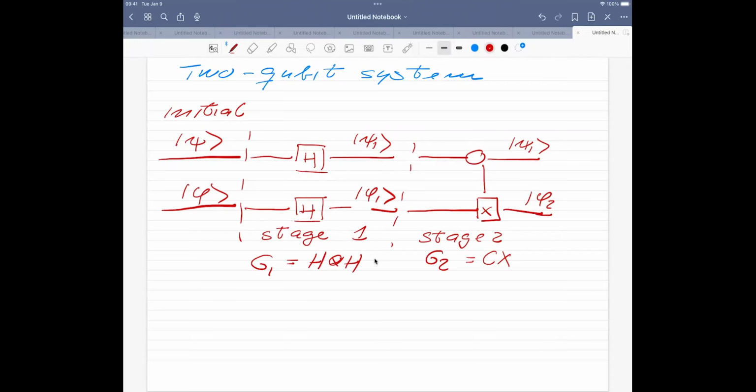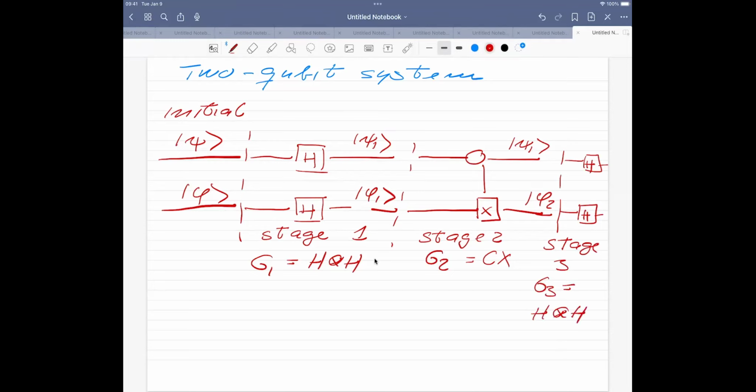And then I could think of performing yet another operation where I could have a new stage 3, where I do a new Hadamard and a new Hadamard here. And then I end up with a final state, so this G3, the stage 3 here, could again be a Hadamard times a Hadamard.